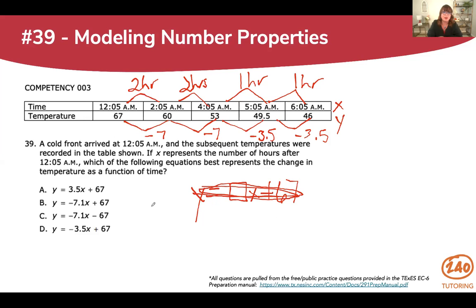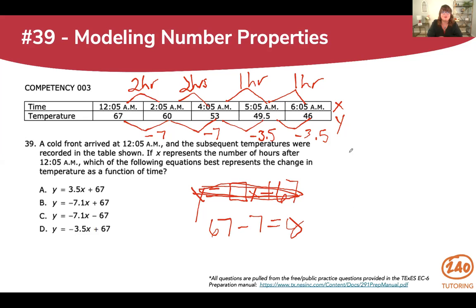So I started with 67, and I said that temperature went down 7 degrees. So the temperature change, that would be y. The problem is I'm looking for an equation that fits this entire table, so that's not going to be true every time. I can't take that temperature minus 7 and get the temperature change.